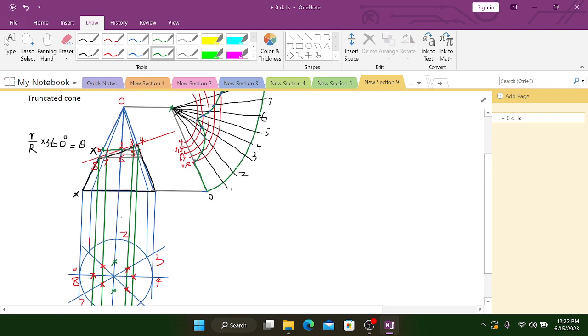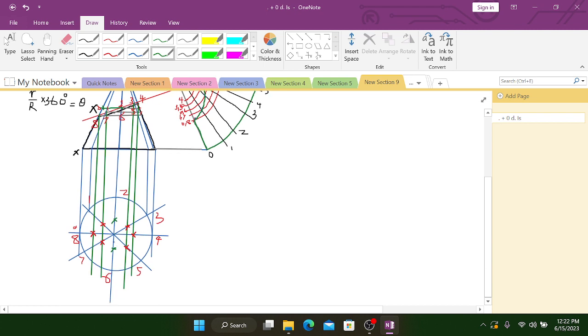So those are the points I needed. Through a smooth curve I can draw this, connect that one. This kind of elliptical shape you can get. This is what I can observe after removing the top part. This is the real object I can see in the plan view.